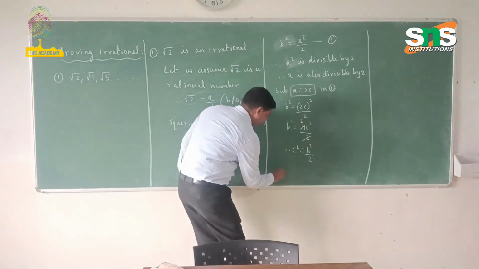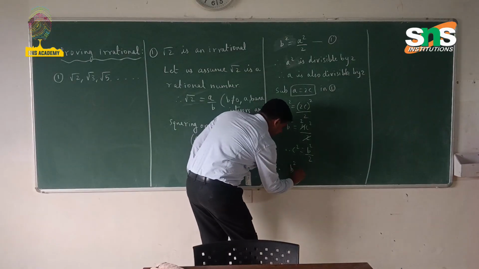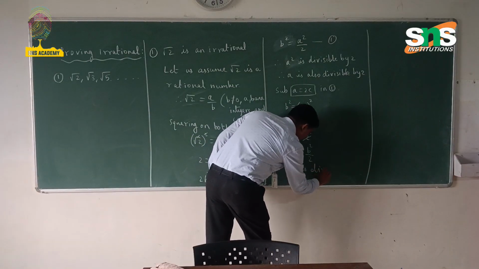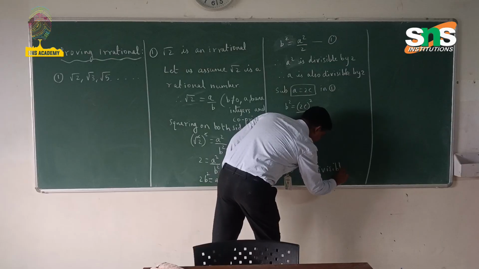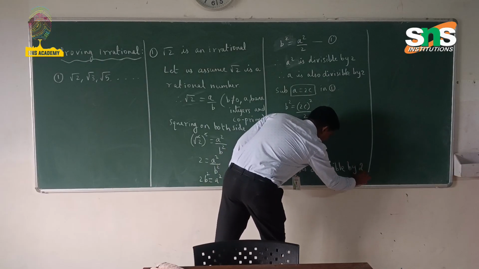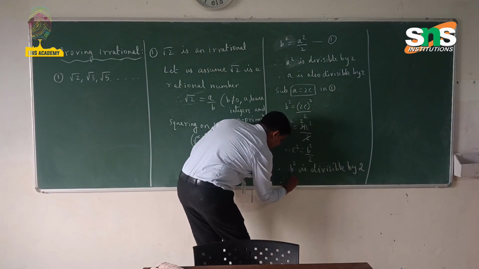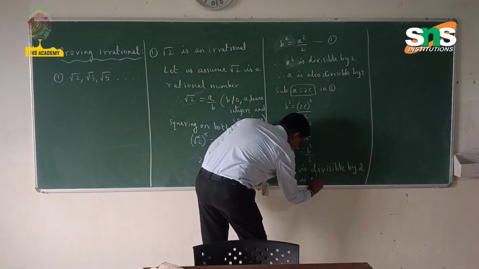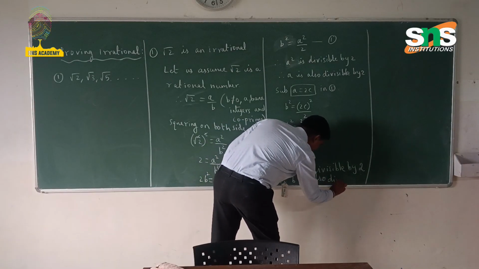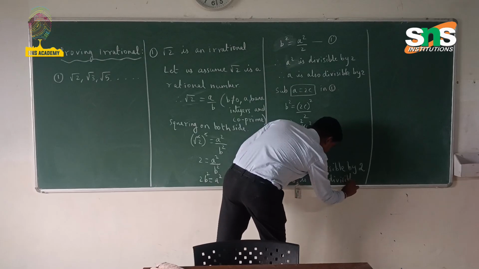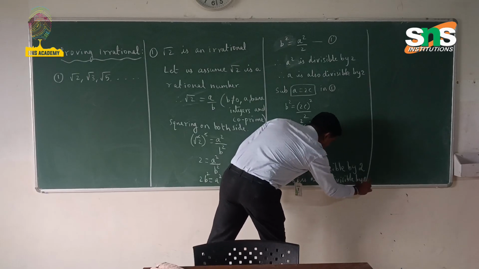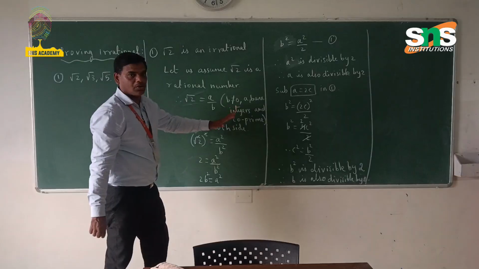So same as the previous one, b square is divisible by 2. Therefore, b is also divisible by 2.